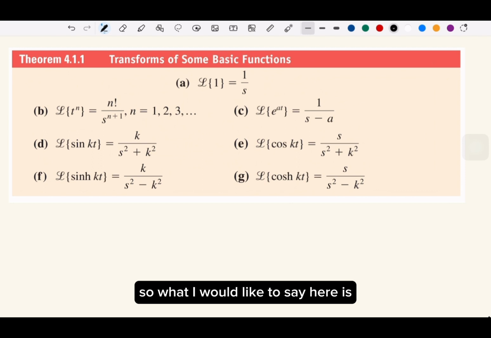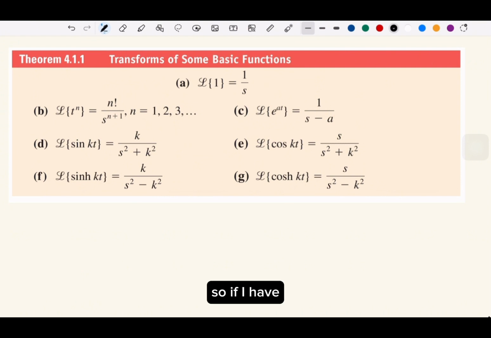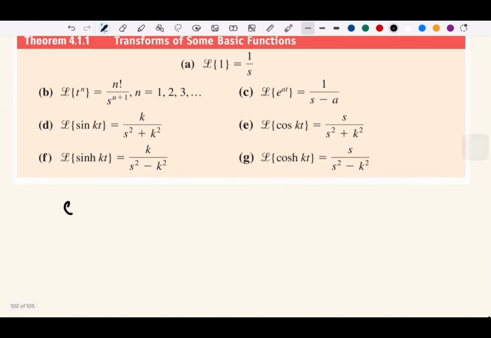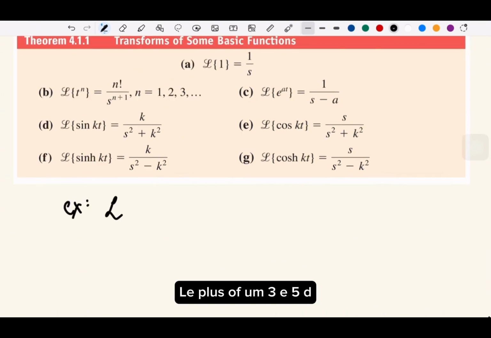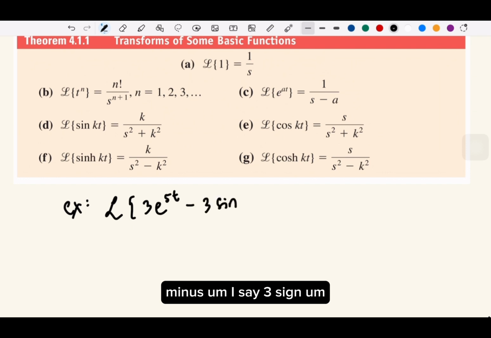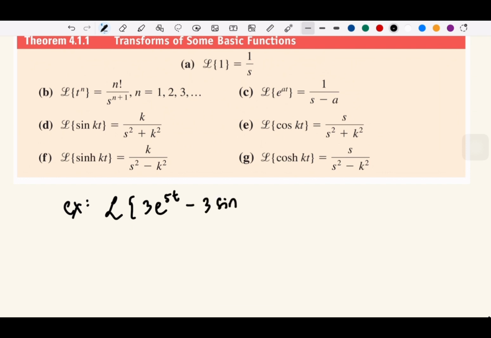So what I would like to say here is, let me just give you an example. If I have Laplace of 3e^5t minus, let's say, 3 sine 2t.